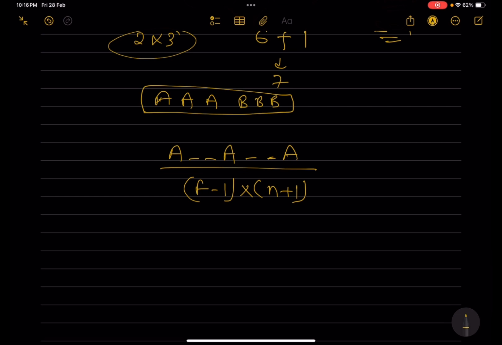F minus 1 is 2, n plus 1 is 3, that becomes 6. Fine, till here it is fine. We can place B also here, but there has to be idle time also, because there has to be a minimum of 2 intervals between the 2 same tasks.